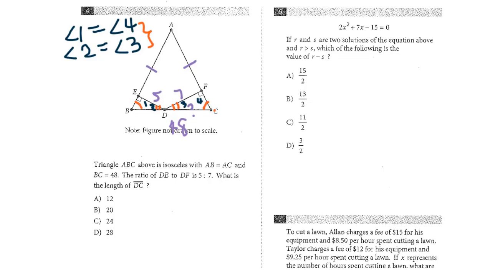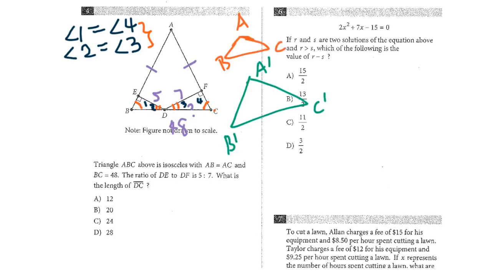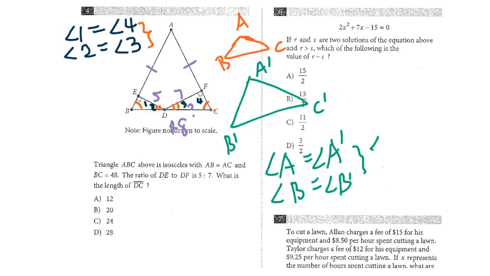Because for any two triangles, ABC and A prime, B prime, C prime, if two corresponding angles are equal to each other, then triangle ABC is similar to triangle A prime, B prime, C prime.